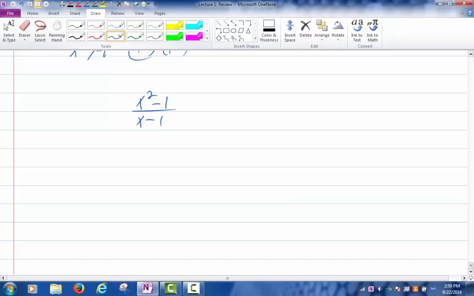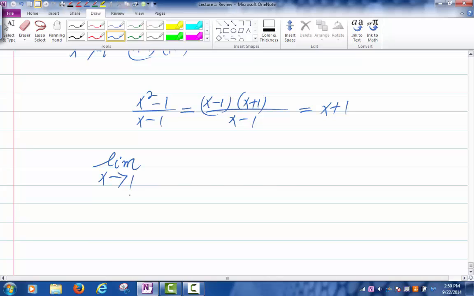In fact, this is the same function as x plus 1 when x is not 1. So what's the limit at 1? The limit as x goes to 1, from right or left doesn't matter, is not infinity, is it? The limit is 2. It's not infinity.